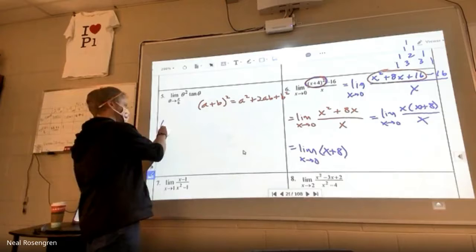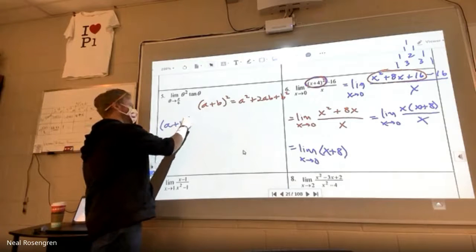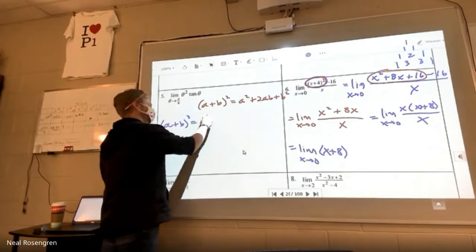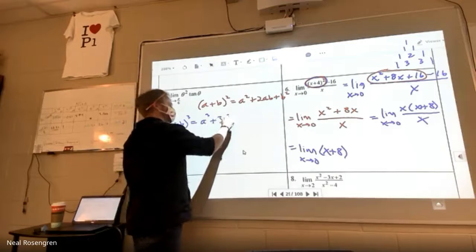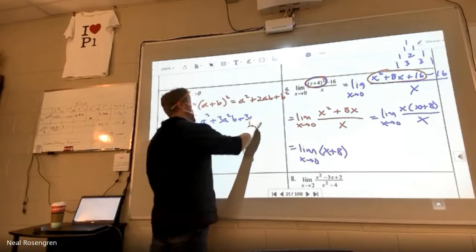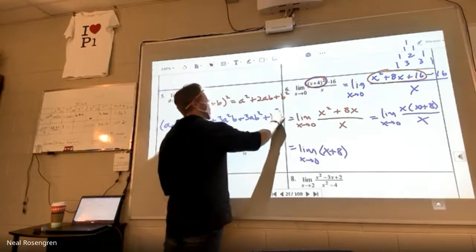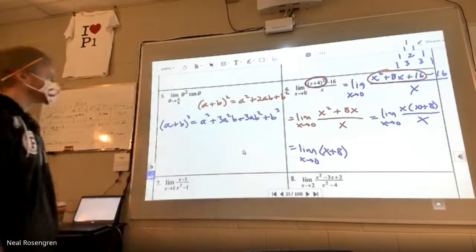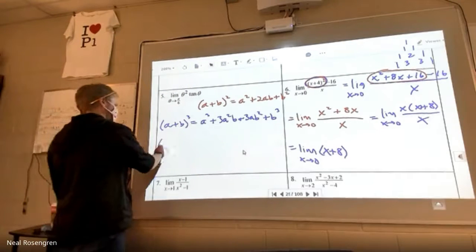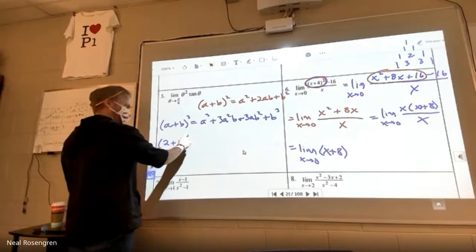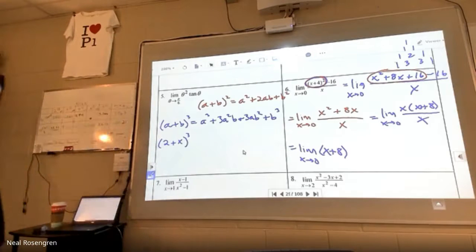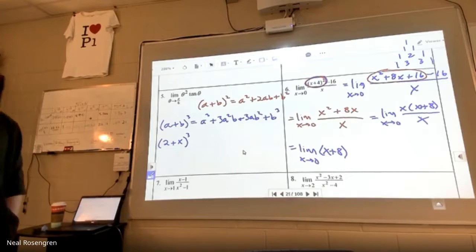And just so that once you get there, you see it, a plus b cubed is a cubed plus 3a squared b plus 3ab squared plus b cubed. That'll be for number 11. It's just weird because it's like 2 plus x cubed. So that's 11 when you get there, I think.